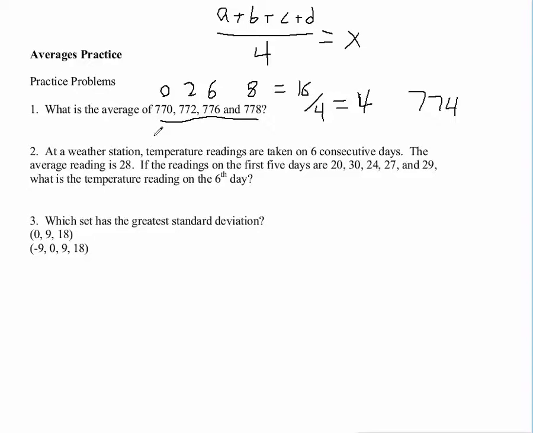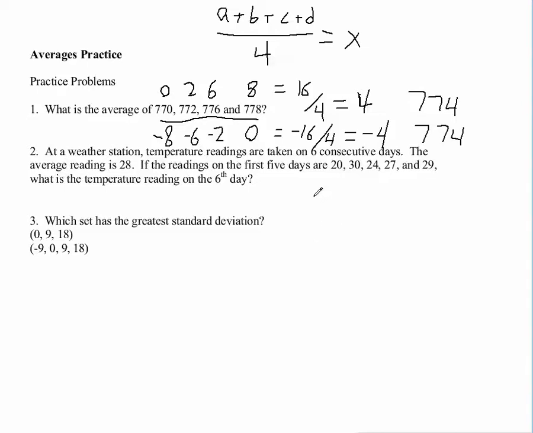We could have picked 778 as our starting point and said, well, that's 8 away from it, that's 6 below it, that's 2 below it, and that's 0 below it, and said, well, that's a total deviation of minus 16 divided by 4 equals 4 less than 778, or 774. So it doesn't matter what point we pick to compare to, it just saves us a lot of unnecessary adding up. Okay, let's look at the second practice question.